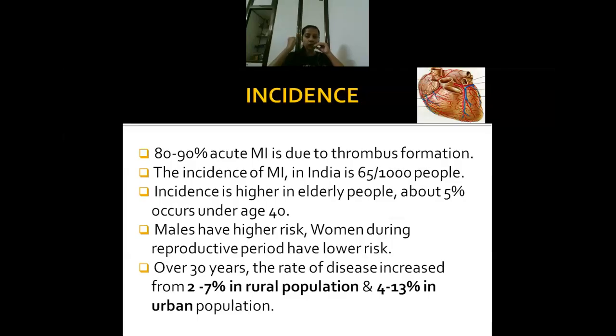And in India, it is seen that out of 1000 people, around 65 people get myocardial infarction. And it is also seen that myocardial infarction is more common in the elderly population.